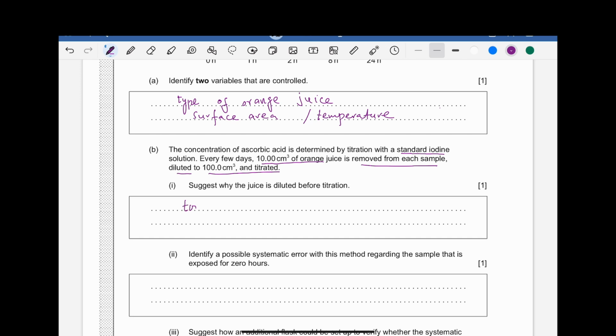Too concentrated means a lot of volume of iodine will be used. The other reason we can say is the endpoint color is easier to see, or to perform multiple titrations. Any one of them will give you a mark.